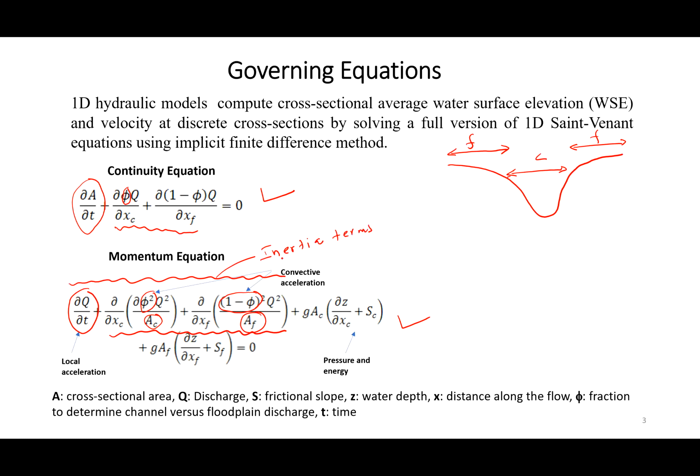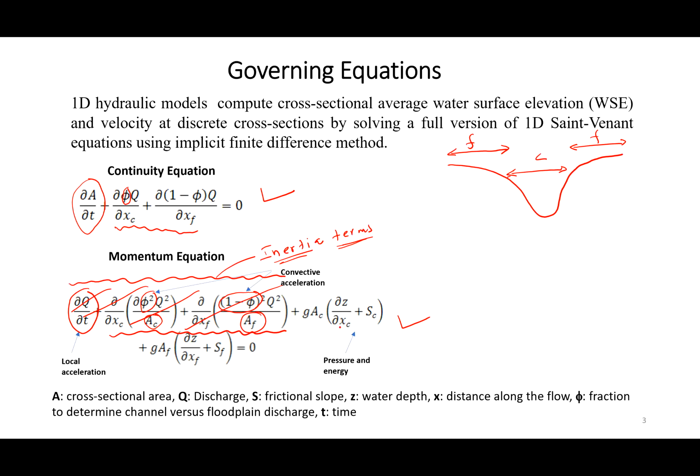Together, the local acceleration and convective acceleration terms are called inertia terms. And if we assume that the local and convective acceleration are negligible, or if you assume a steady state flow, then you can ignore both of these. Then we end up with the pressure and energy terms.